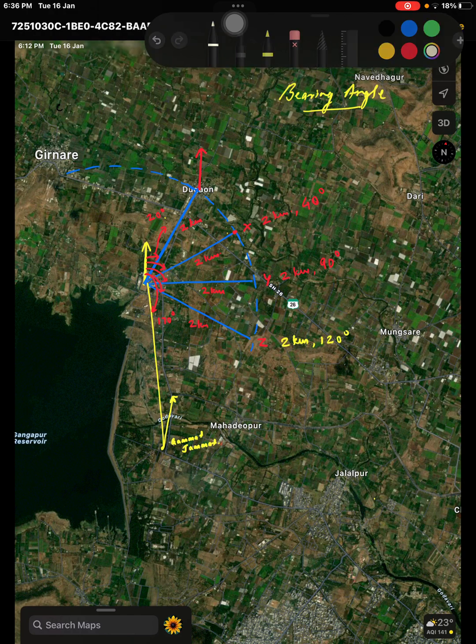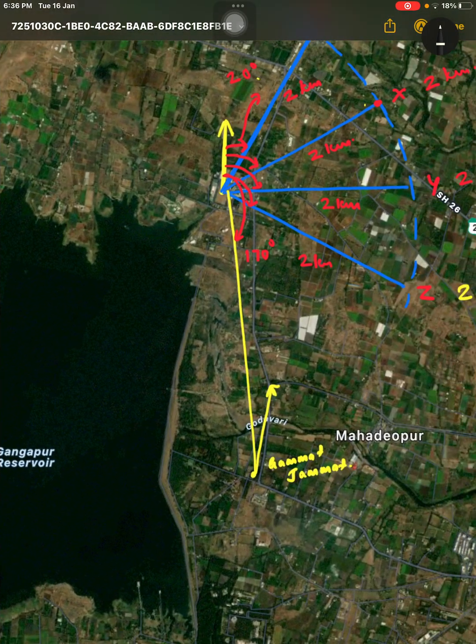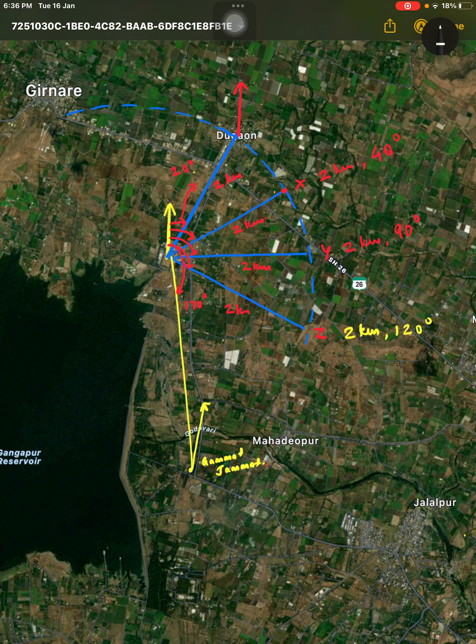So the angle would be written in this manner. The bearing angle of Dugaon from Fravashi is going to be 020 degrees.